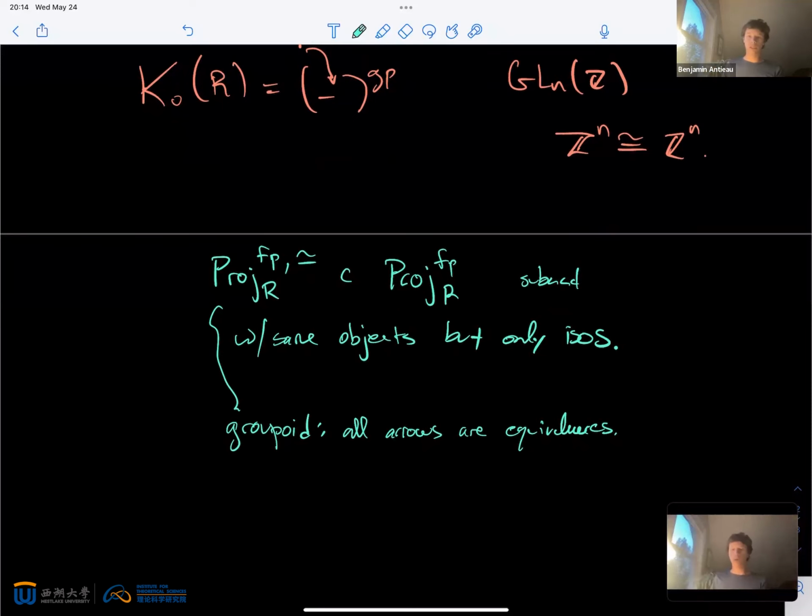Well, groupoids, you can think of a groupoid as a special type of space. Spaces, in some sense, are infinity groupoids. So what I want to do is think of this as a space.